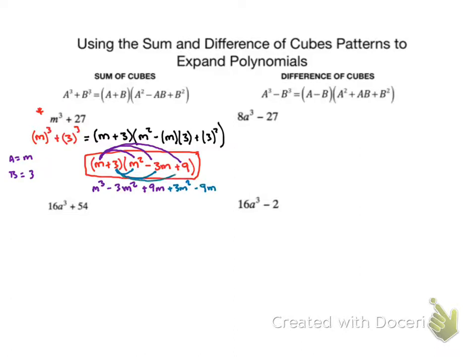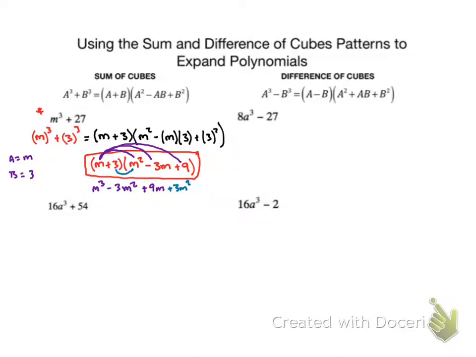And then 3 times 9 is 27. So notice that we have a negative 3m squared, positive 3m squared, positive 9m, negative 9m. And what we're left with is m cubed plus 27.